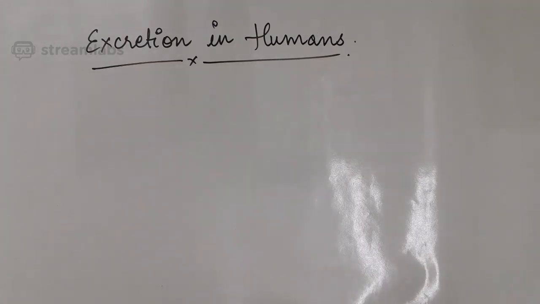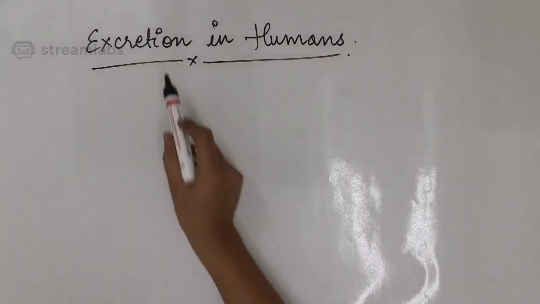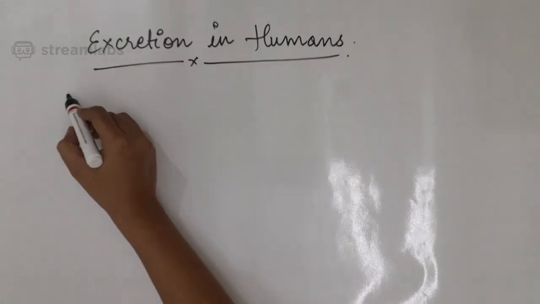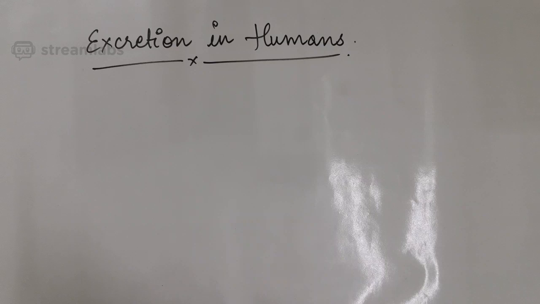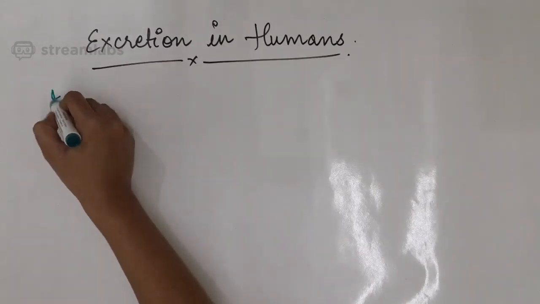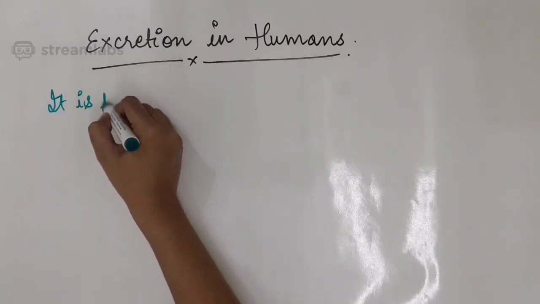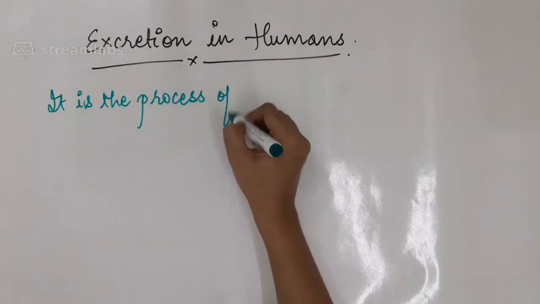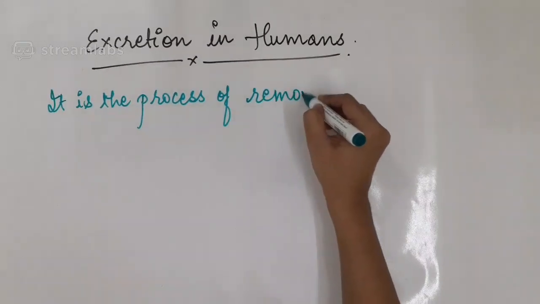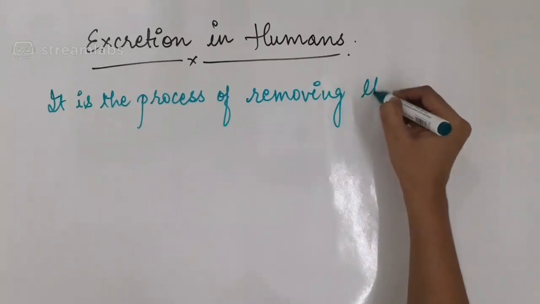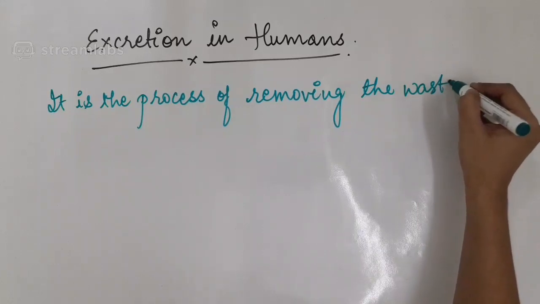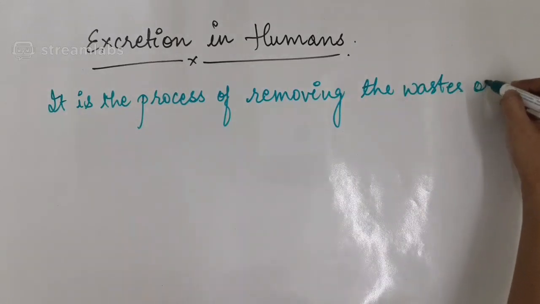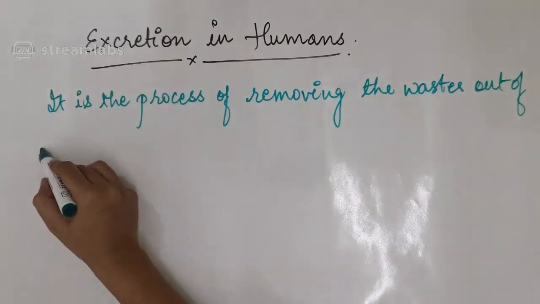Excretion, as the term suggests, is a process. Excrete means removing waste products. It is the process of removing the waste out of the body.